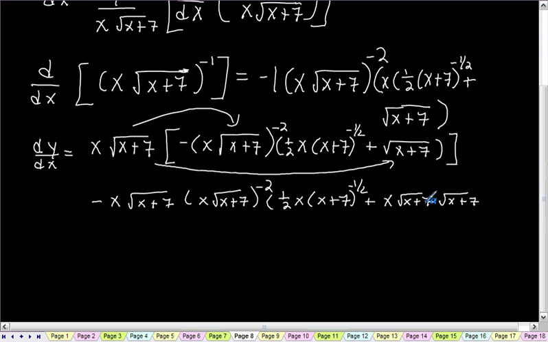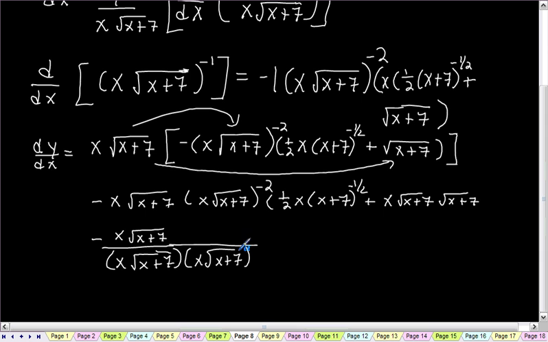I got 2. Now things start canceling out. If I look at this correctly, this part is negative x over x plus 7. It's multiplied by a negative bottom. So this becomes x plus. Notice this to the second power, which means this x plus 7. That's what it means.